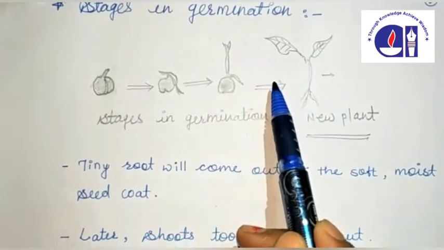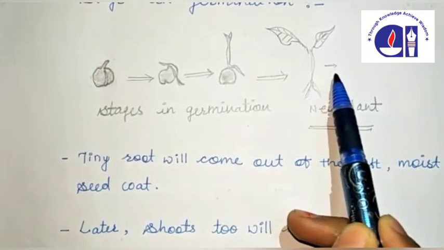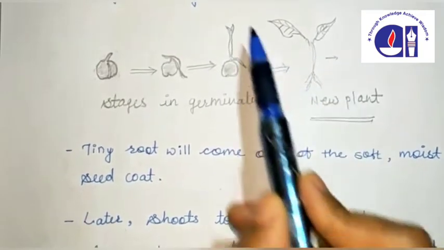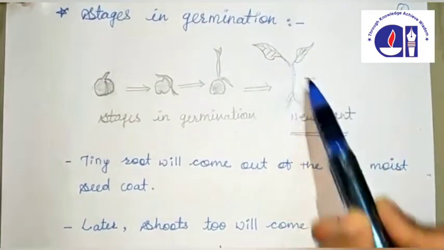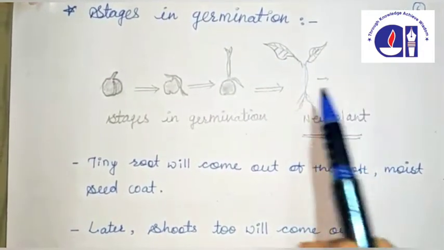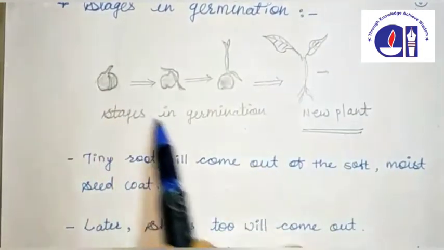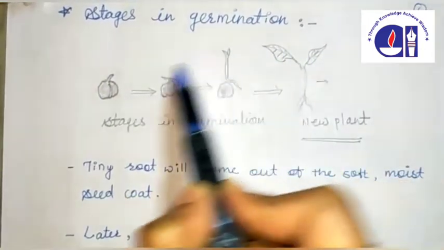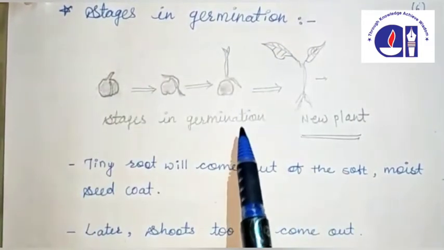And next, this seedling grows into a new plant. We can see here the new plant that grows from the seed. All these are the stages of germination.